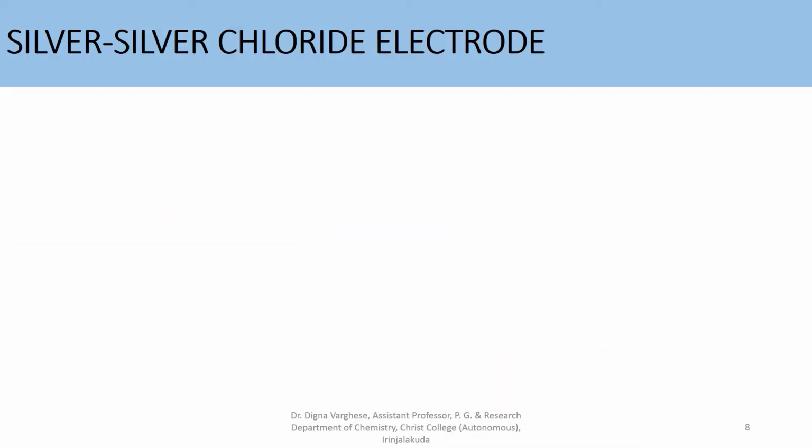Example of secondary reference electrode is silver chloride electrode. It also comes under the category of metal insoluble metal salt electrodes. So the representation of the electrode is silver solid in contact with silver chloride solid and aqueous chloride solution.